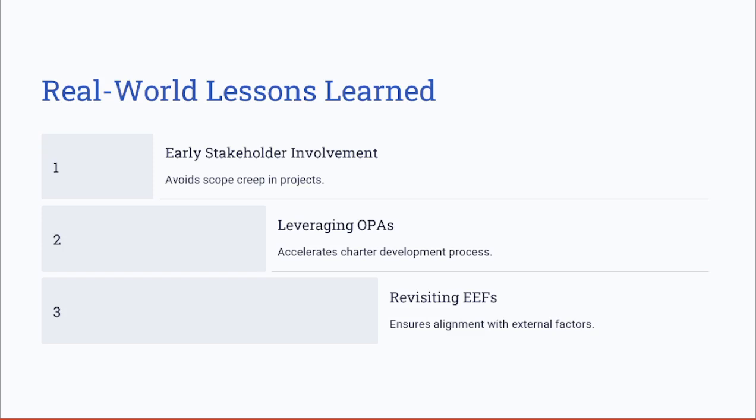Lesson one: involving the stakeholders early avoids scope creep. The next lesson: leveraging the OPAs, the organizational process assets, accelerates charter development. The third lesson: you need to regularly revisit the EEFs to ensure alignment with external factors.